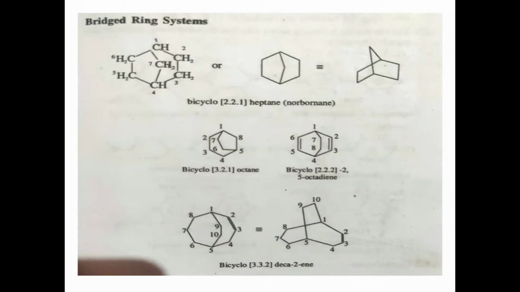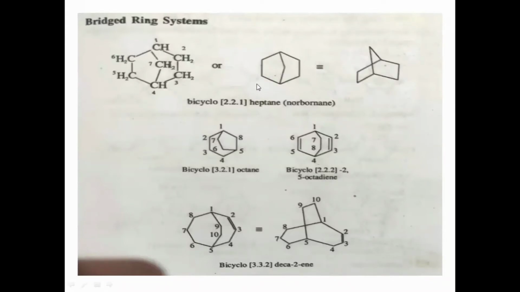Then we will count the numbers in the rings. So 1, 2 and 1, 2. So 2, 2. If we are taking the first example, that is the norbornane example. So, in that, the word bicyclo, then in the bracket. This is the example, that is norbornane.